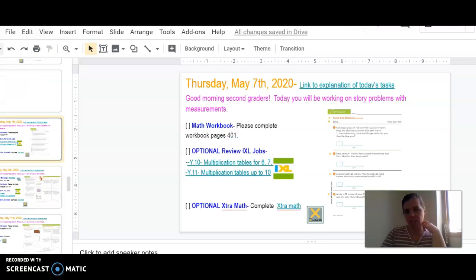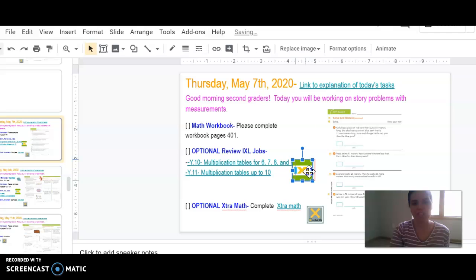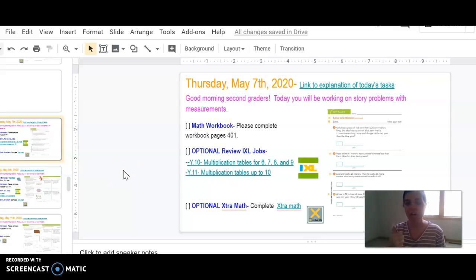All right. Then our two optional jobs today. The first one is Y10 for multiplication. You can have your multiplication sheet count bys out in front of you to practice counting your facts for 6, 7, 8, and 9. If you have your fact sheet out in front of you, it will help you count by quicker. Remember, you're not just going 1, 2, 3.